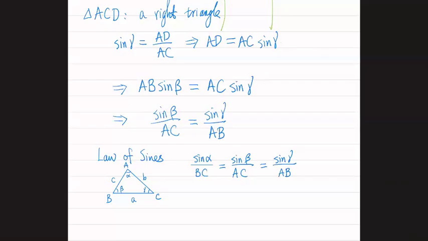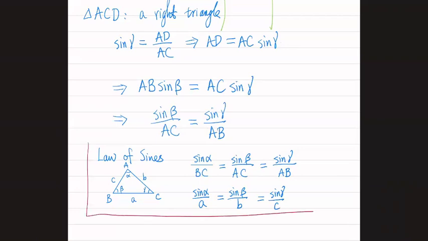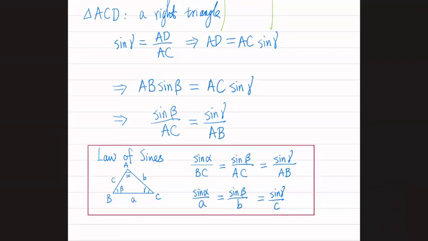An equivalent way, if we use the lowercase letters: sine alpha over a, sine beta over b, sine gamma over c. A very useful theorem for any triangle.